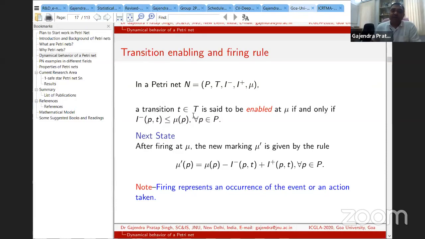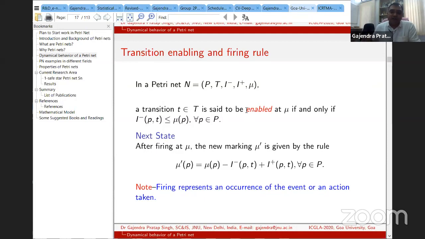Any transition T is said to be enabled at the marking mu if and only if the number of arcs from a place to the transition is less than or equal to the number of tokens at that particular place, and this should be true for all the input places connected to that particular transition. If the transition is enabled, it is up to the decision maker or the researcher to fire the transition.